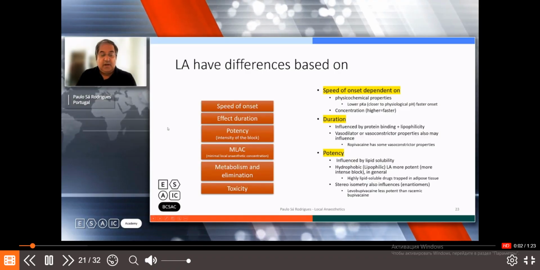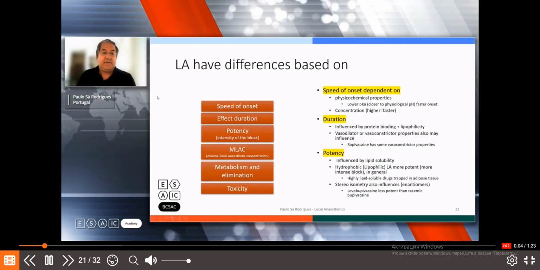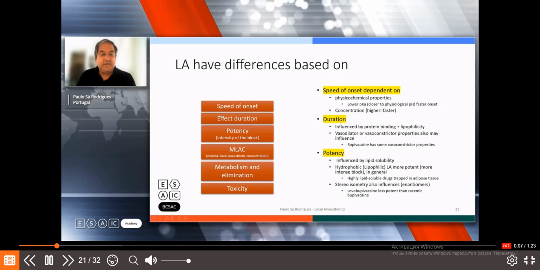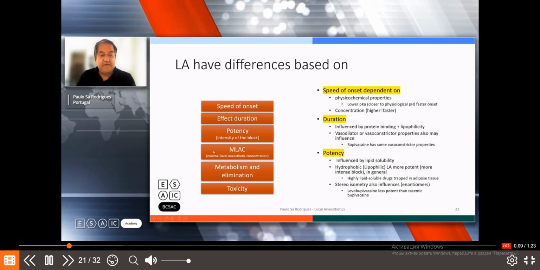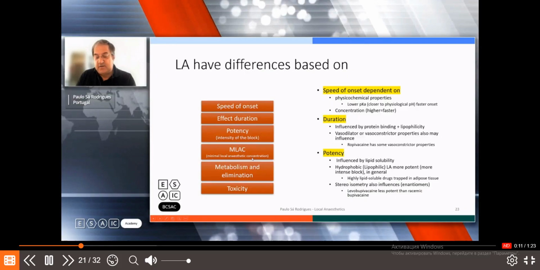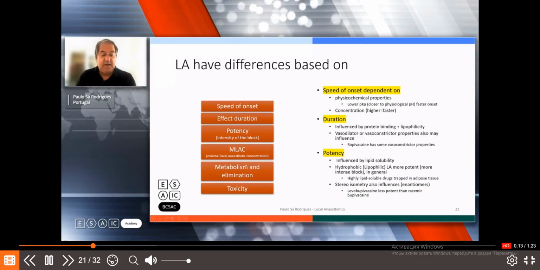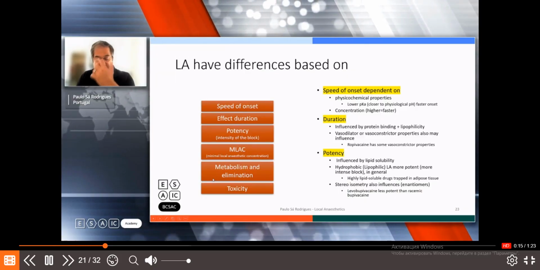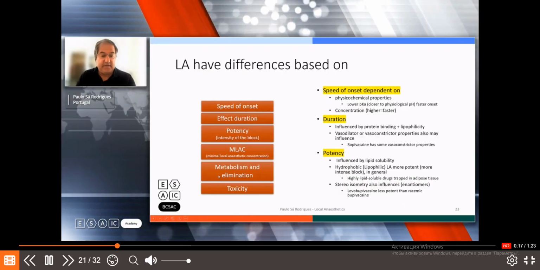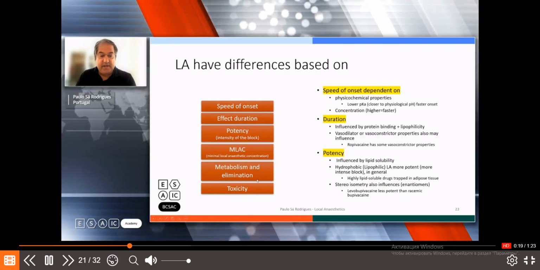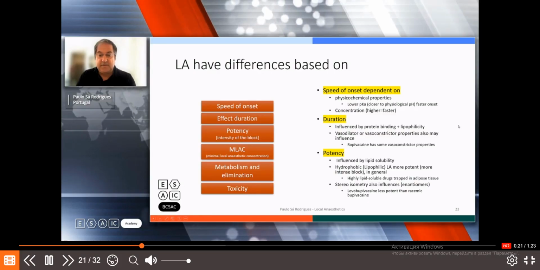Local anesthetics also differ based on the speed of onset, duration of effect, potency, the minimal local anesthetic concentration required to be efficacious in 50% of the patients, metabolism and elimination, and toxicity.